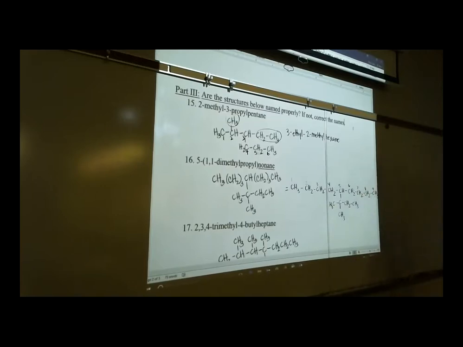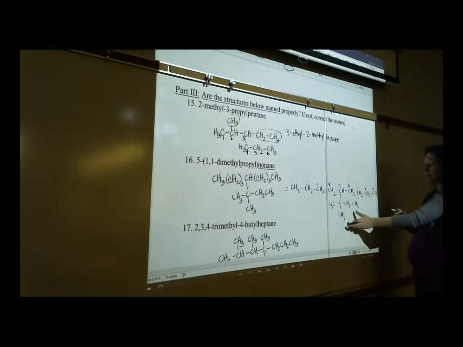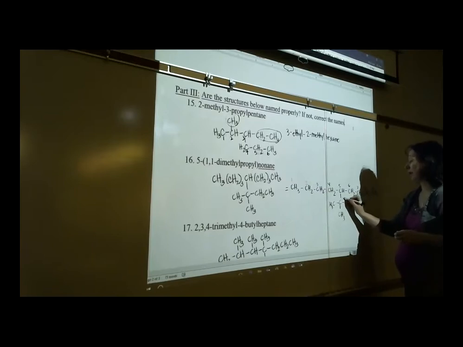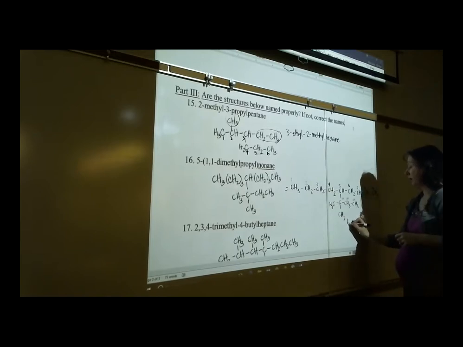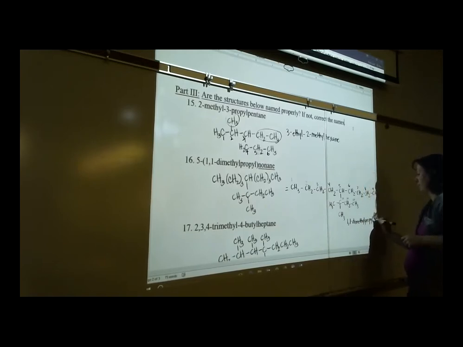Okay, so the last question we need to ask ourselves is, is this branch substituent a 1,1 dimethylpropyl? Well, this is 1A, 2A, 3A. So is this 1,1 dimethylpropyl? It is.